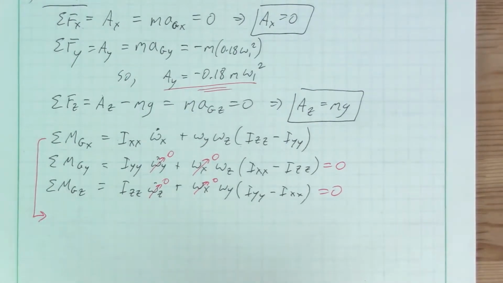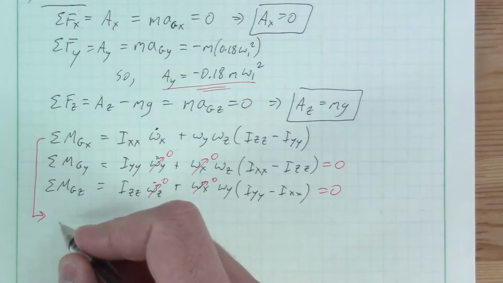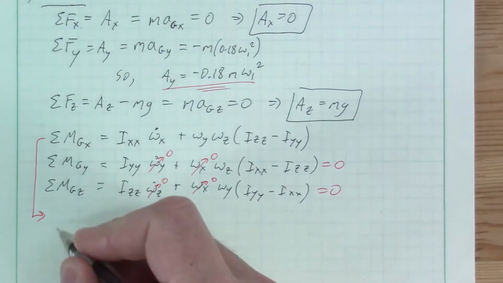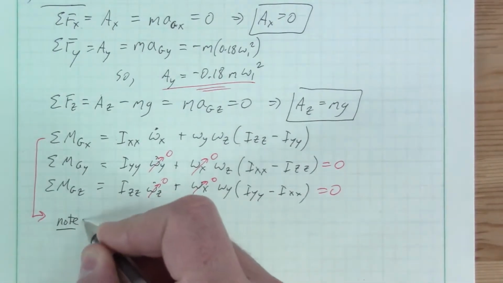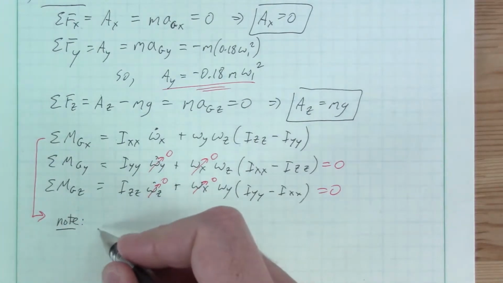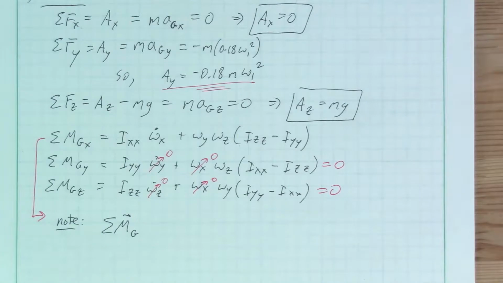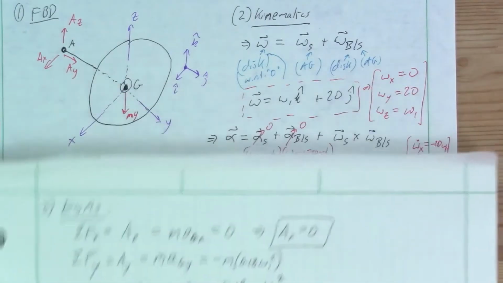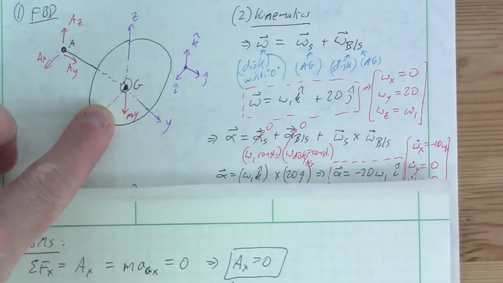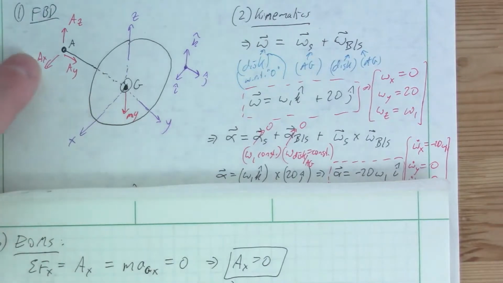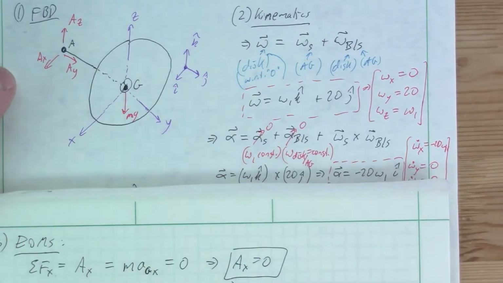If we sum the moments, let's actually do all of them at once. Why not, right? So if we look at what the moment vector is about G, we come to our free body diagram and ask which forces contribute to the moment there. It's just the A force that causes the moment, right?